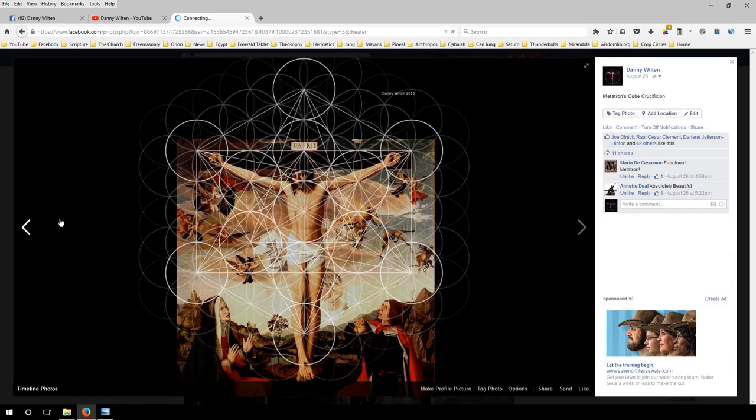Here's another image experimenting with this. Christ on the cross. You can see how his arms, the way the geometry is. If you just look at various sections of him, the top of his head should be reaching this bar right here. This triangular area right here refers to his private parts.